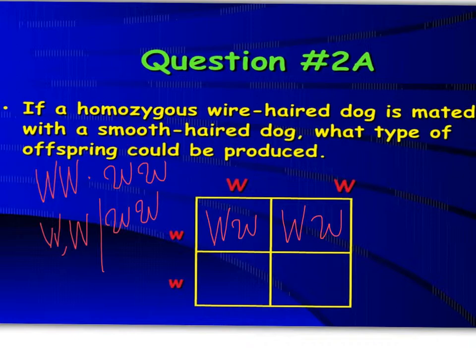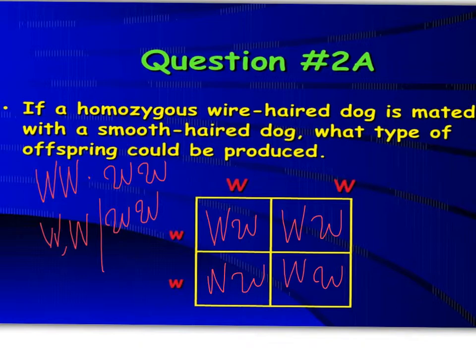We come over here, we bring our big W down, our little w across, our big W down, and our little w across. Make sure that when your capital letters and your lowercase letters look very similar, you do something to tell the difference. You'll see the little curly tail I put on my little w so that I can tell the difference between the capital and the lowercase.